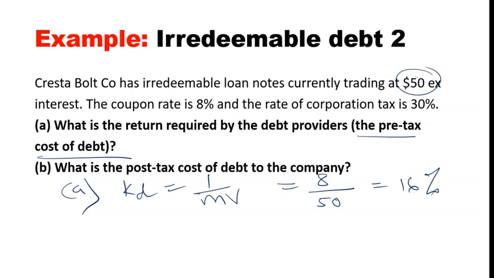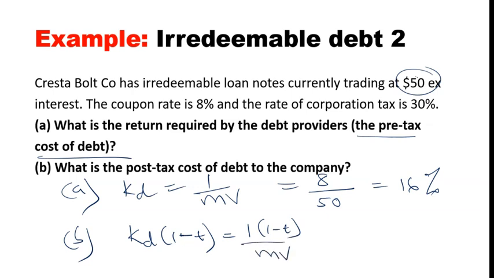What is the post-tax cost of debt to the company now, to the borrower? The borrower is going to enjoy tax benefits. It's going to enjoy tax deductions on interest. So KD(1 minus T) is equal to I(1 minus T) over market value.